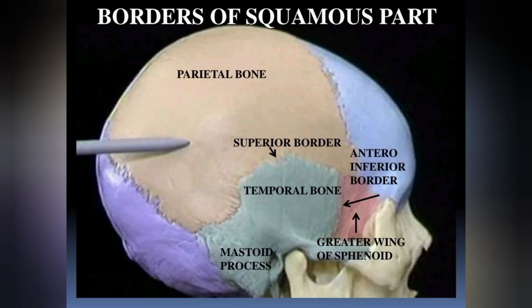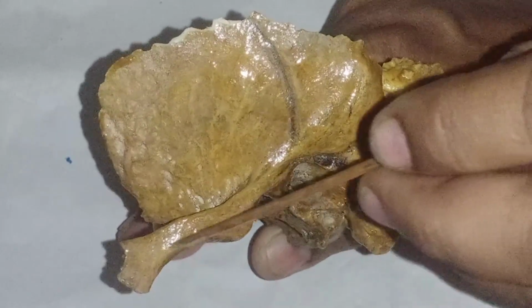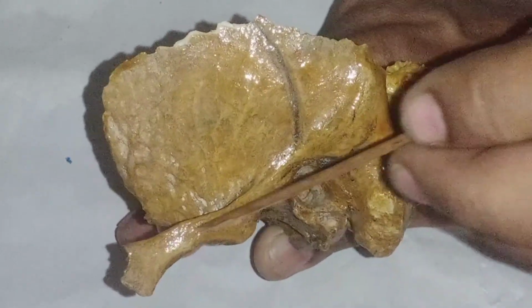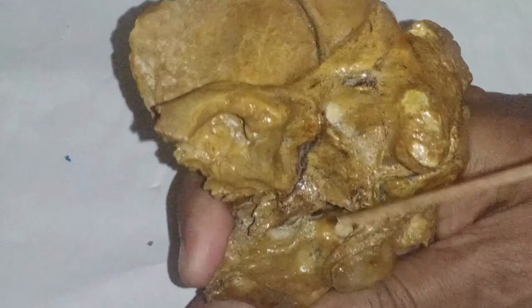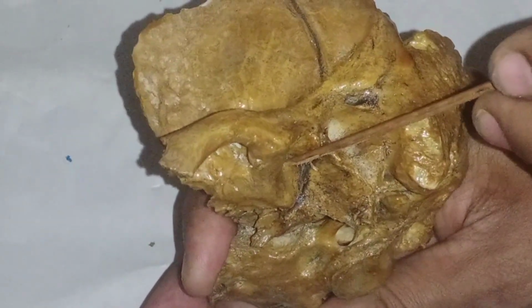The superior border articulates with the inferior border of the parietal bone, and the anterior-inferior border articulates with the greater wing of the sphenoid bone. The squamous part has a process called the zygomatic process directed anteriorly. It has a fossa on the inferior aspect called the mandibular fossa.